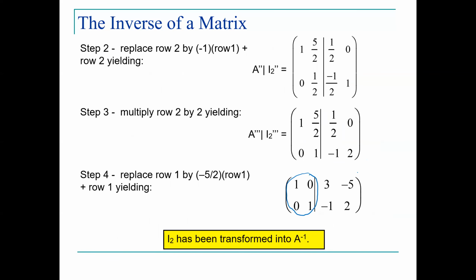So what we have on this side is A inverse. Okay, so that's our inverse for the original matrix. So we can use the Gauss-Jordan method to find the inverse of a matrix.